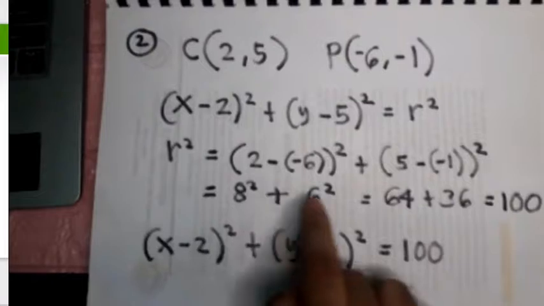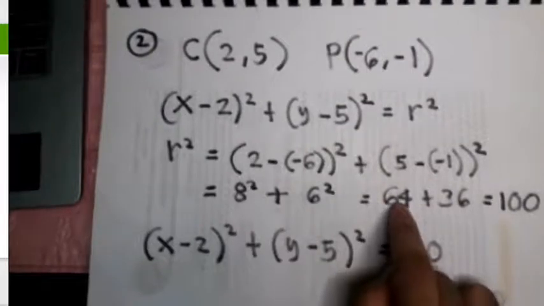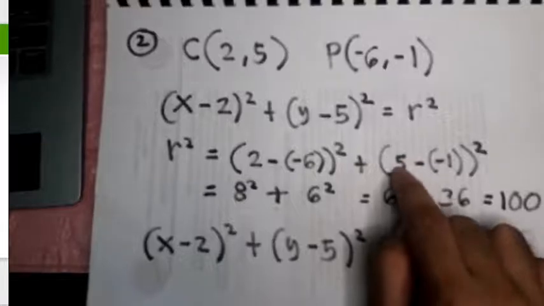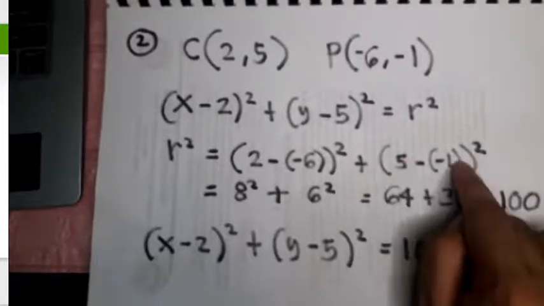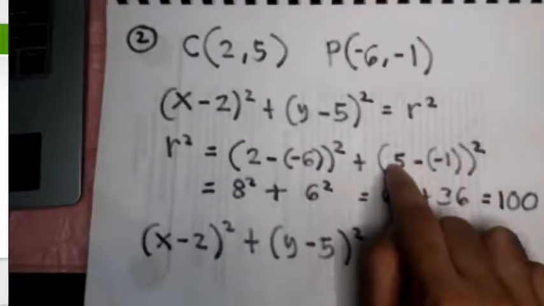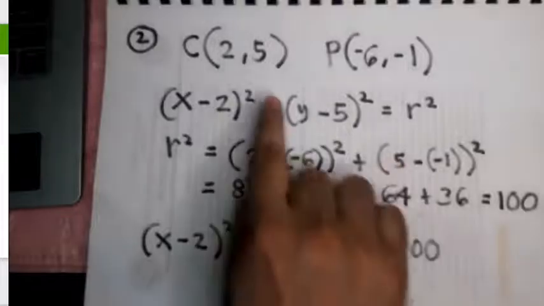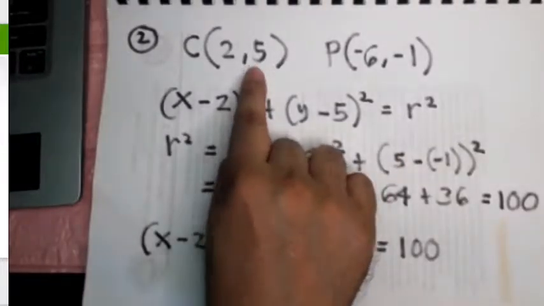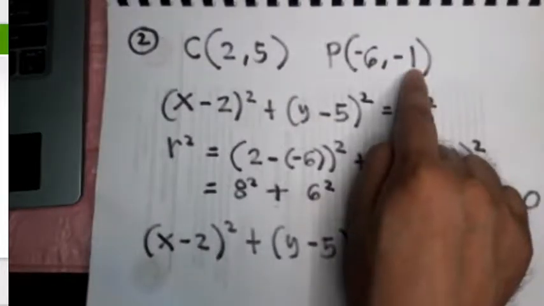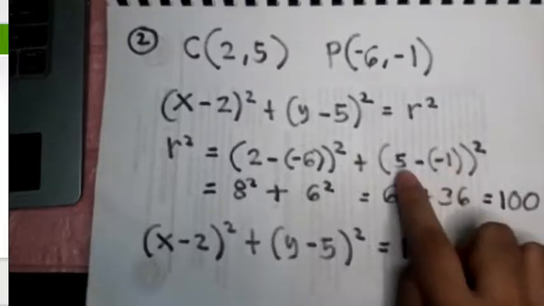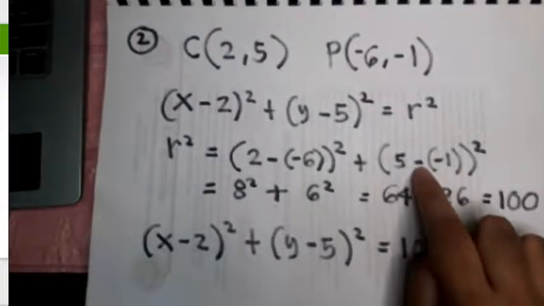What is y2? y1 is 5, y2 is -1. So 5 minus -1, minus negative, that is positive. So 5 plus 1 is 6. Squared. So 6 squared is 36. Therefore, 64 plus 36, that is equal to 100. And 100 is equal to r squared.